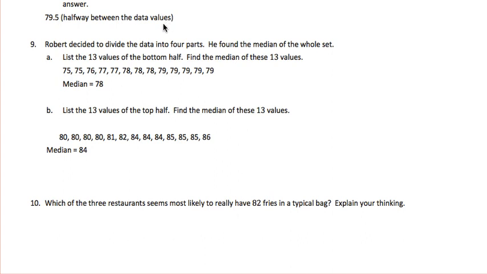And restaurant C goes from 78 to 84, but the median is 79. So it kind of looks like restaurant B would be most likely, since the median is 82.